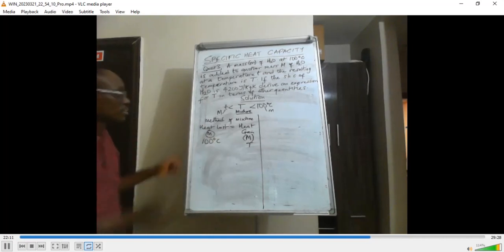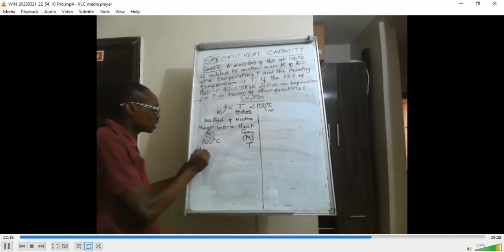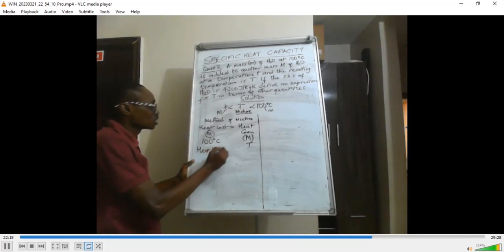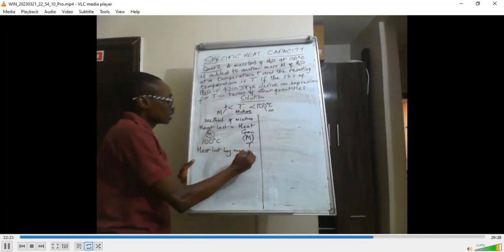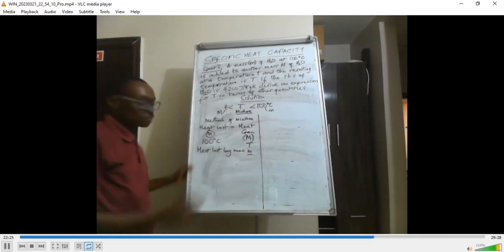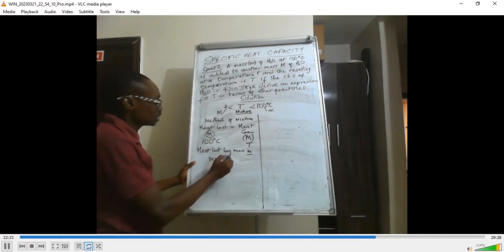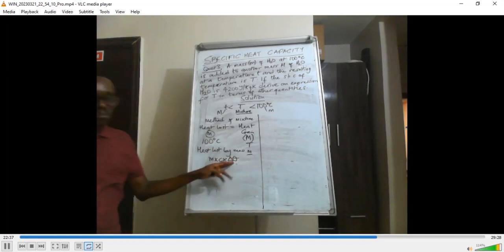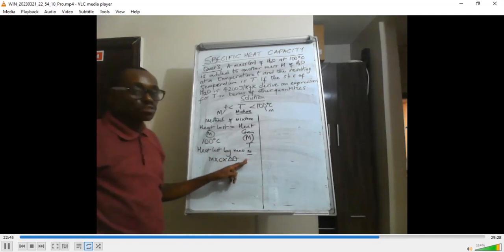The mixture is at temperature T. So heat lost by mass small m is going to be mass times specific heat capacity of water times the temperature change. That is the initial temperature of that water minus the temperature of the mixture.